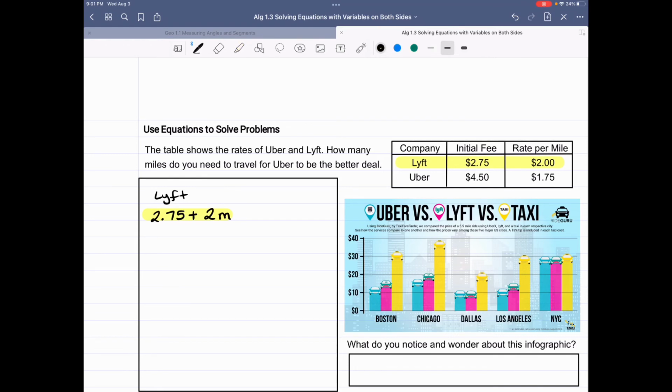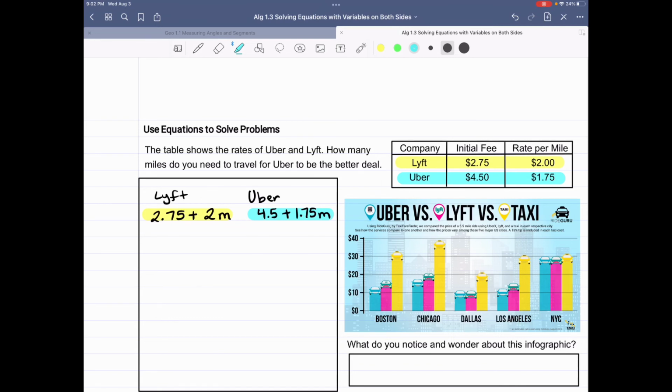Then we have Uber, and we'll highlight Uber as blue. Uber is $4.50 for the initial fee plus $1.75 per mile. So we want to know when Uber is a better deal, because $4.50 is the initial fee.